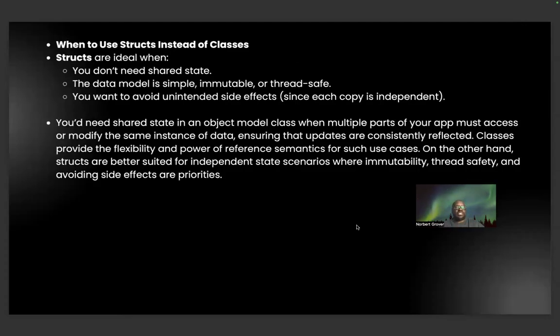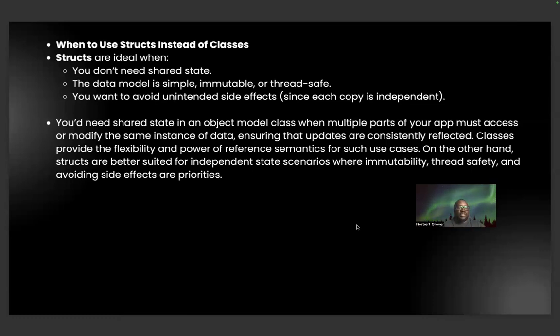When to use structs instead of classes. Structs are ideal when you don't need a shared state, the data model is simple, immutable, or thread safe, and you want to avoid unintended side effects.